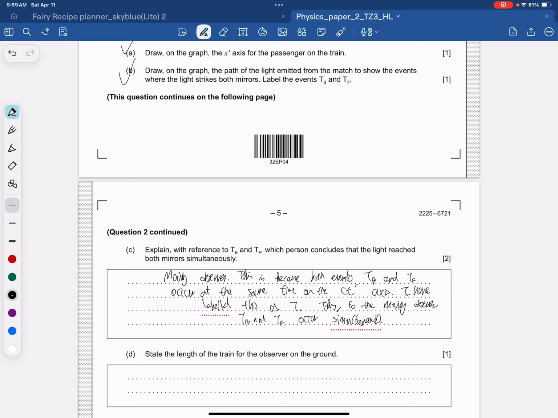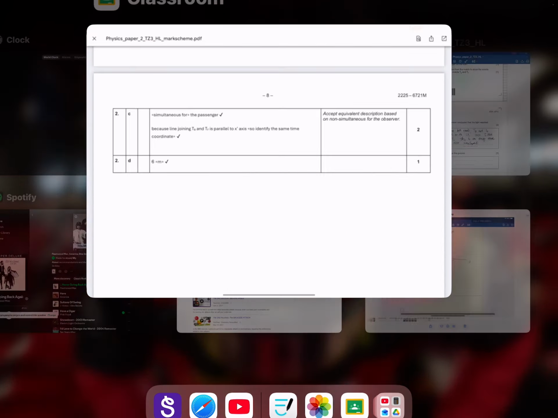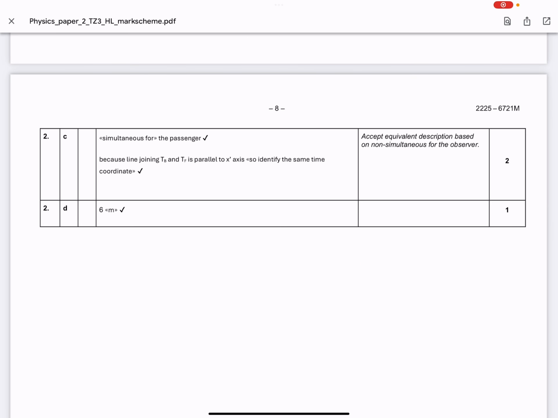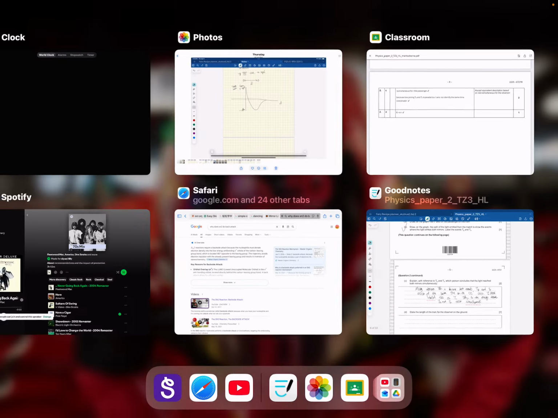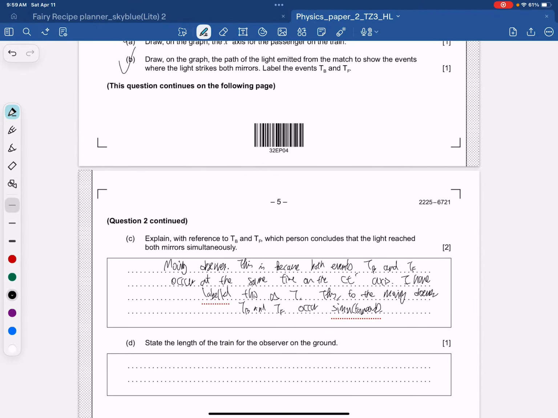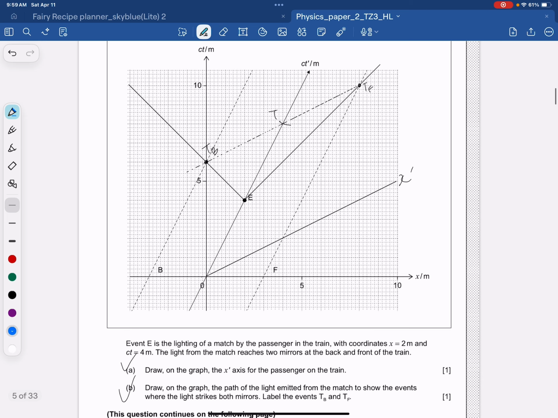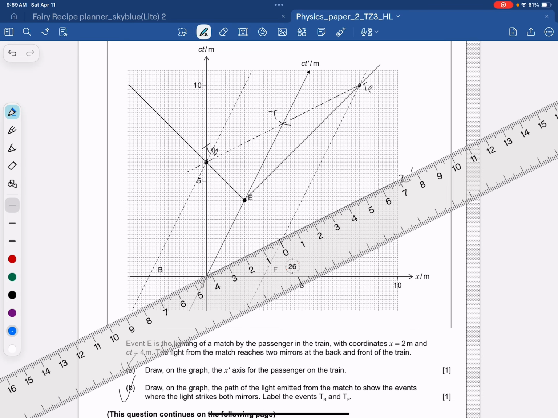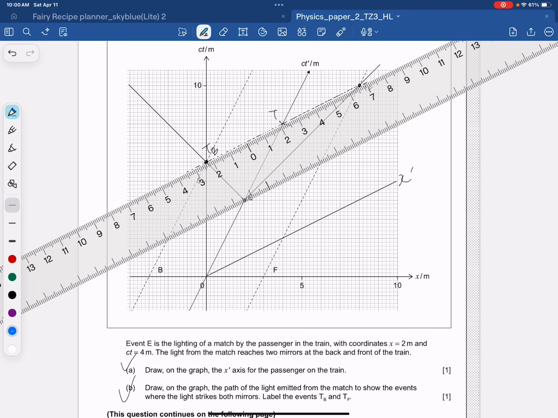Now the mark scheme says the line joining TB and TF is parallel to the x axis, so identify the same coordinate. So you have to explicitly mention this. Remember when I set the angle of the ruler to the x primed axis and shifted it up to draw a line from each of the events to its intersection on the CT primed axis?